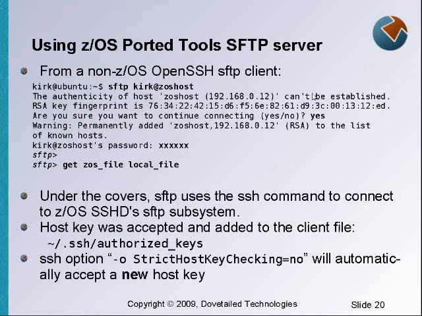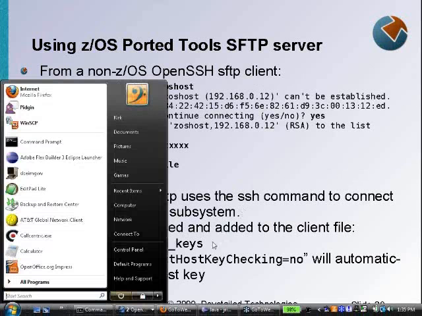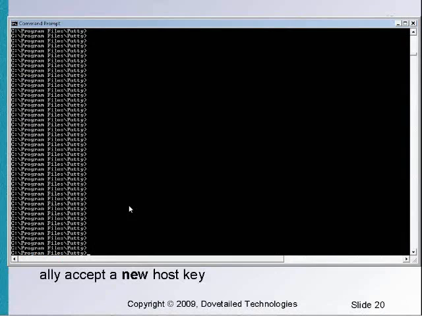Okay, so what I'm going to do now is, there's a couple of foils that show some demonstrations. I'm just going to do a live little demo and show you a couple of things on using the server. This is a Windows command shell, and I have the PuTTY SFTP installed. So there's a command line called psftp. I'm going to connect into our z/OS system using a user ID.